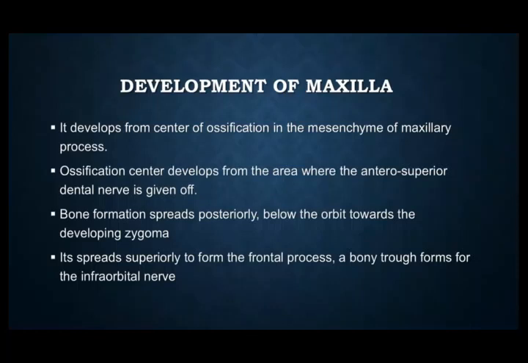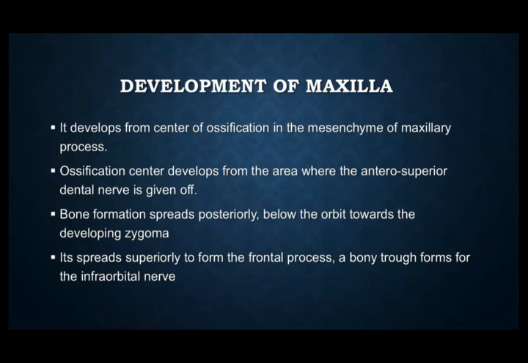Okay, so now you have studied how different regions of the upper lip are going to develop. When these different sections of the upper lip are developing, simultaneously the maxilla is going to develop underneath. And the structures involved in the formation of this maxilla are the mesenchymal cells, which will first of all develop a primary ossification center.